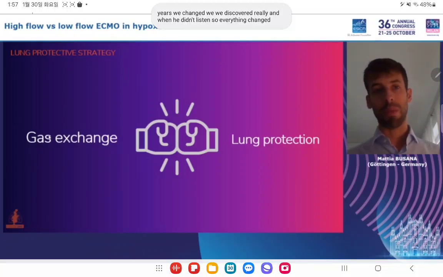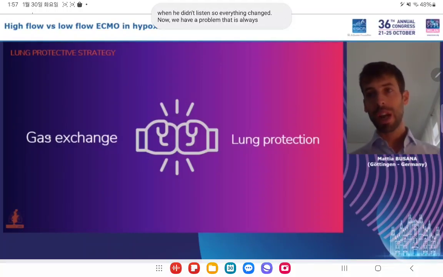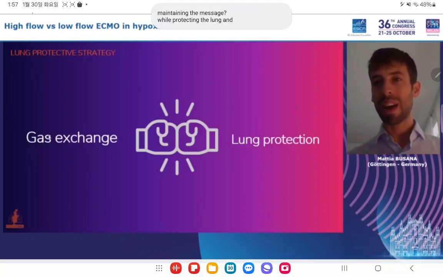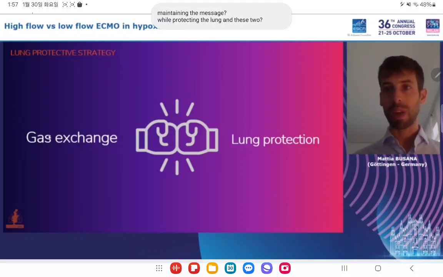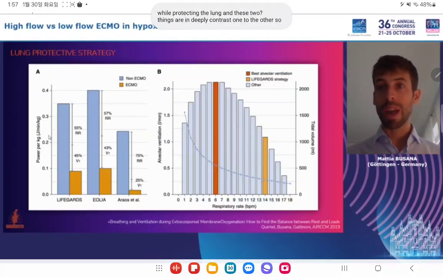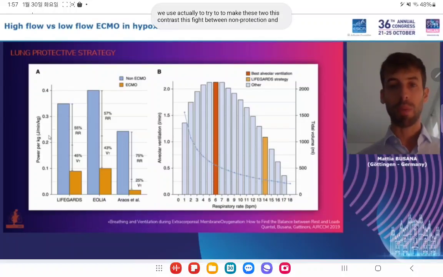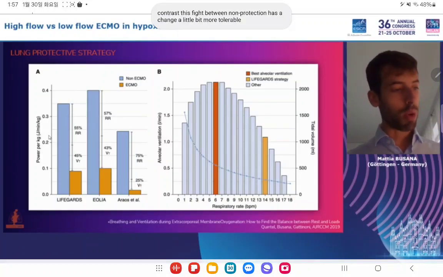Now we have a problem that is always maintaining the gas exchange while protecting the lung. And these two things are deeply in contrast with one another. So we actually use ECMO to try to make this fight between lung protection and gas exchange a little bit more tolerable. And you see it in this editorial that we wrote a few years ago with Professor Gattinoni and Professor Quintel.